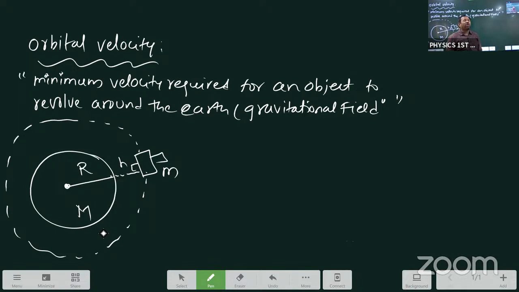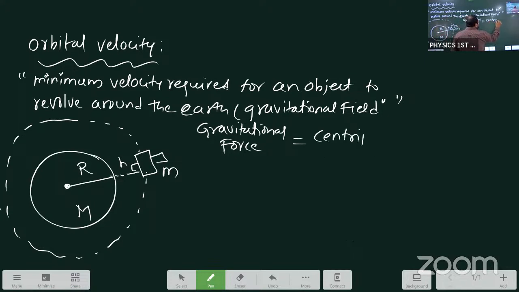Gravitational force provides centripetal force. If you remember writing that gravitational force balances centripetal force, that wording is wrong. Gravitational force provides centripetal force. In equilibrium, we take both as equal. So, one object revolving in a circular orbit means gravitational force provides the necessary centripetal force.